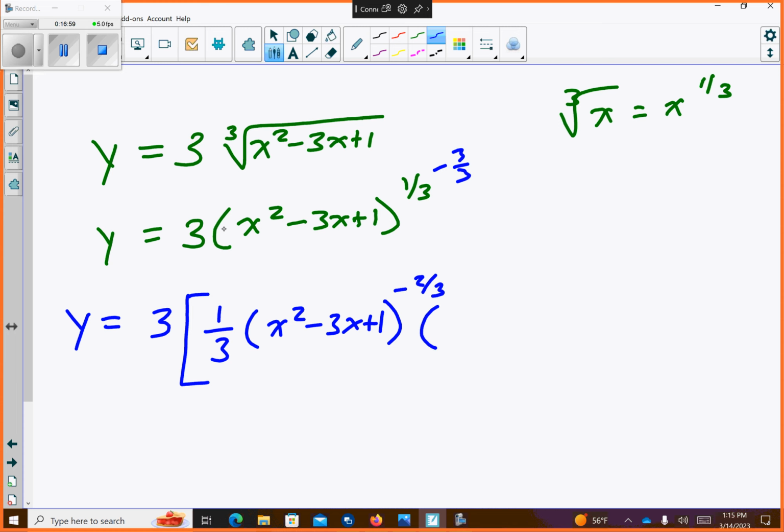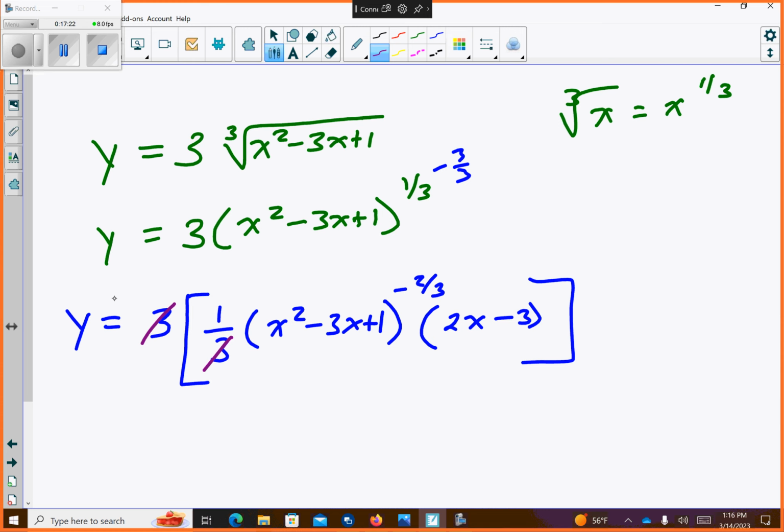Then times the derivative of the inside. The derivative of the inside is this. And I like the forward thinking. Will this cancel this? And the answer is 100% yes. If you got down to this answer here, I think you've done some beautiful work.